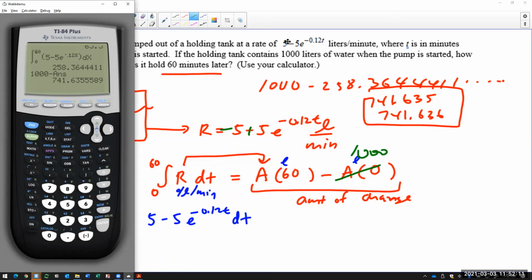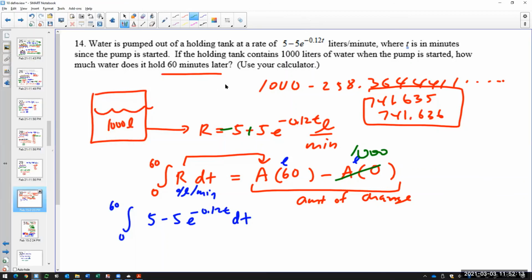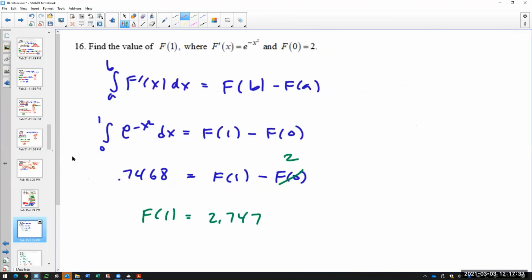So I apologize for this problem. In yours, it'll be really clear: if this turned out to be a negative number, it would work with the first fundamental theorem of calculus, okay? So technically this should be a negative. I should have changed this to a negative. Okay. Here's 16 right here.